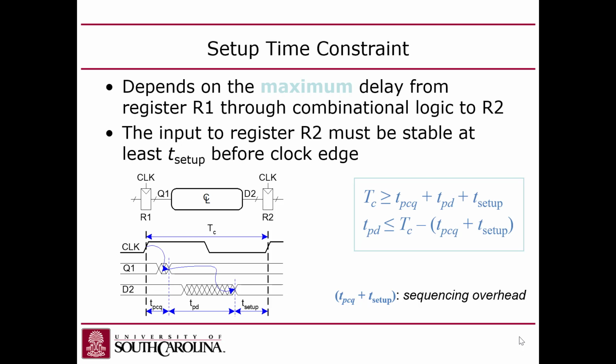And so that's your constraint, but it's written another way. They take propagation delay and they isolate that on one side of the inequality, and they move the T sub PCQ and the T setup to the other side of the inequality. Why? Because the assumption there is that we can't control those. We can't control the propagation delay of a flip-flop. We can't control the setup time for the flip-flop. That's given to us by the chip maker.